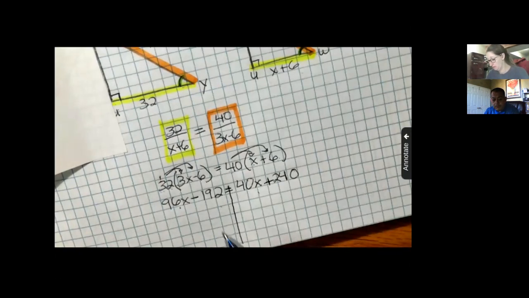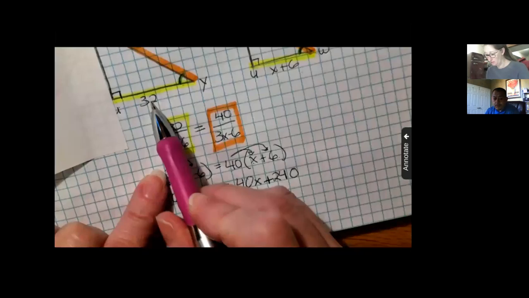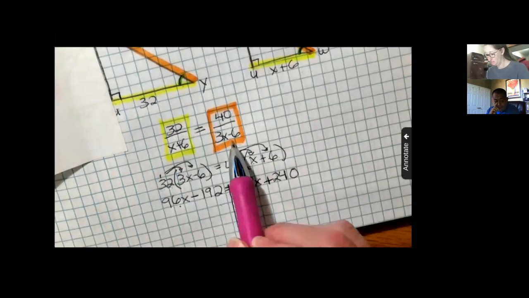I mean, am I subtracting, dividing, what? I've got to move something because I want my constants on one side and my x's on the other. So how do I do that? Where did I get 32 from? 32 is here, that's this side, and I multiplied it when we cross multiply.